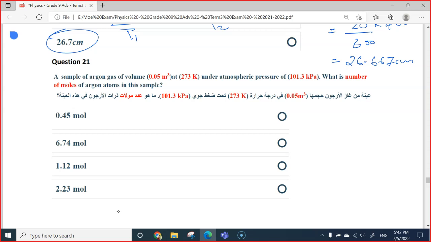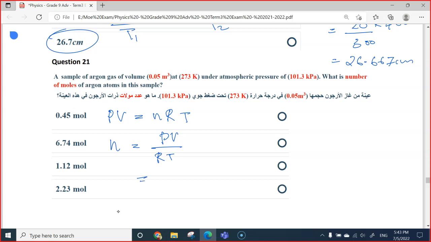So here to calculate the number of moles you can use the ideal gas equation. What is the ideal gas equation? Ideal gas equation is PV equal to nRT. In this equation, P is pressure, V is volume, n is number of moles, R is a constant called universal gas constant, and T is temperature. You are asked to calculate n here, that is number of moles. So if I rewrite this equation, number of moles is equal to PV divided by RT.